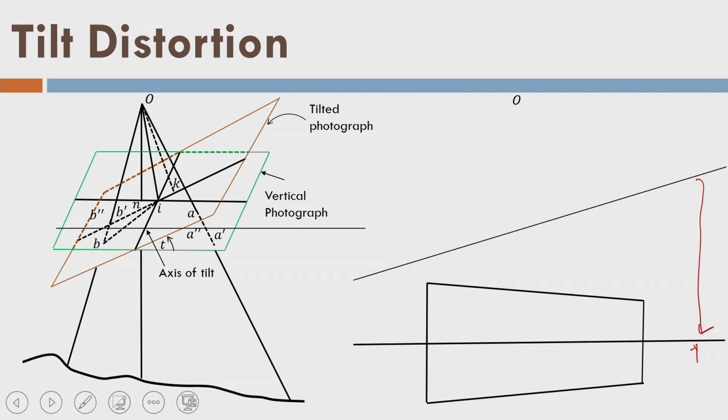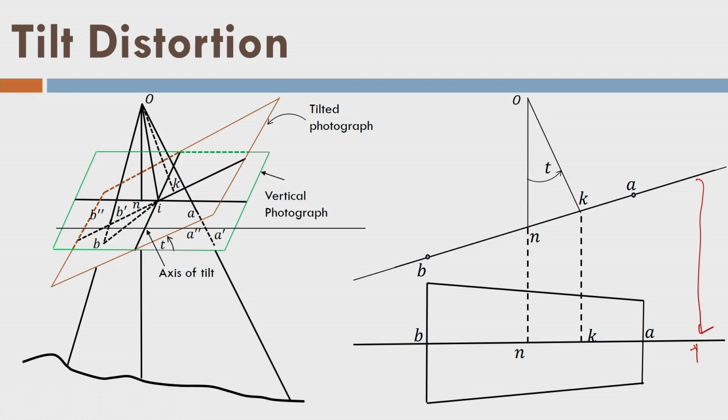Now, O is my exposure center and this is the image of another point, K, and this is my tilt angle. Now, let us see there are 2 points A and B on the tilted image. They appear like this at the extreme of the image. I am deliberately taking it this way, and we will see why. This is my isocenter I, here, this point.